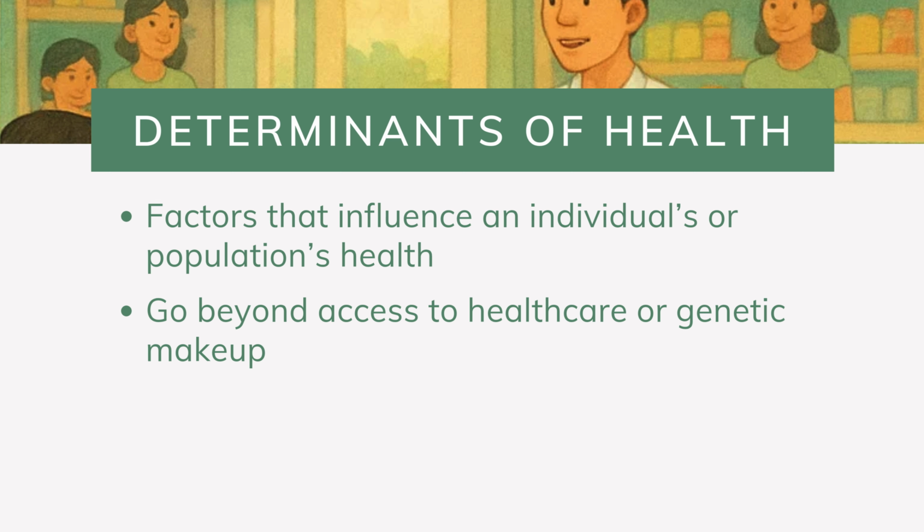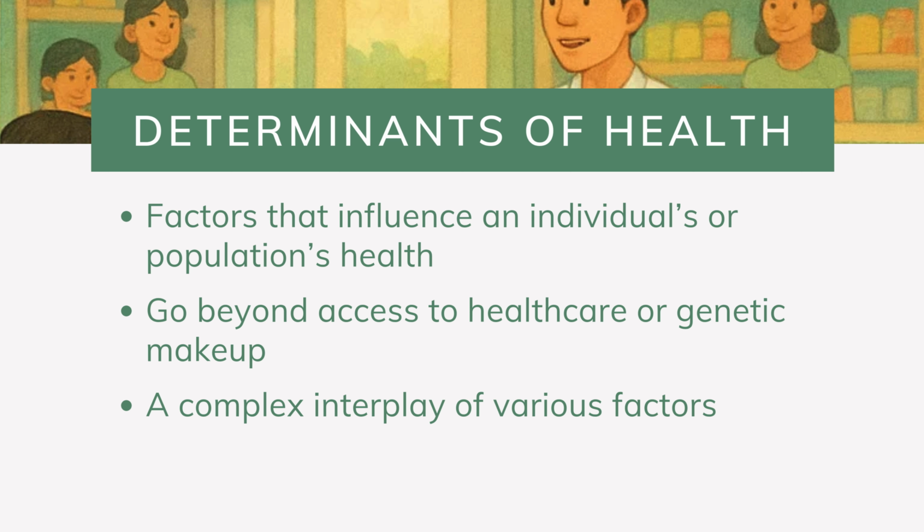These determinants go beyond access to healthcare or genetics. For instance, even if we have a hospital nearby, but if a person cannot afford transportation or is not educated about when to seek help, their health will still suffer.